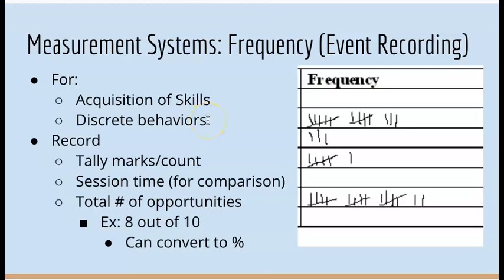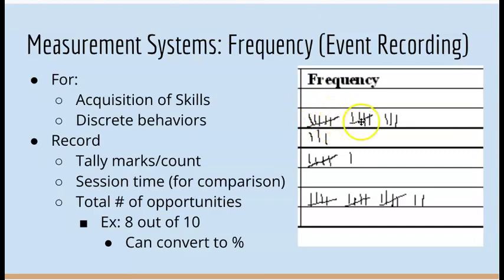So if we're talking about sight words read correctly, spelling words spelled correctly, there's either a correct or an incorrect for each one, right? And so you can write down the number of times it occurred.